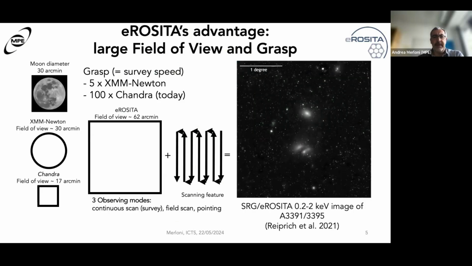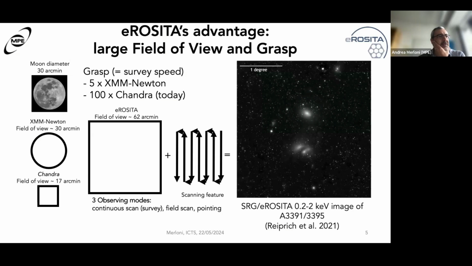When you then compare the field of view of XMM-Newton with the one of eROSITA, here you see their representation on the left, and Chandra is even smaller than that, then you realize that the grasp, so the product of effective area times survey speed, is maximal for eROSITA. So if you want, eROSITA is the fastest X-ray survey telescope that was ever built and operated.